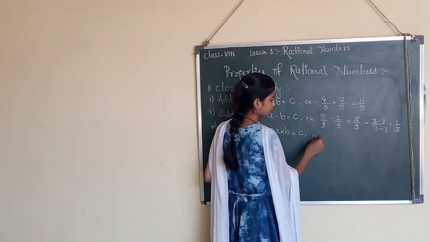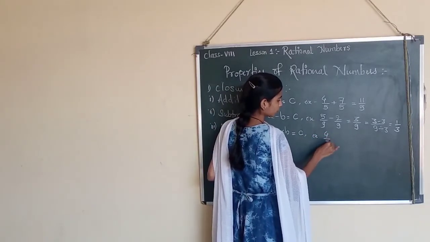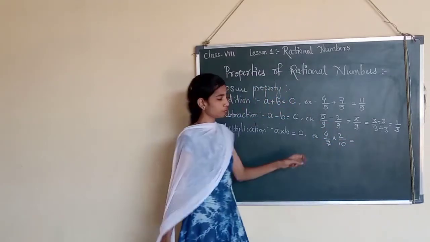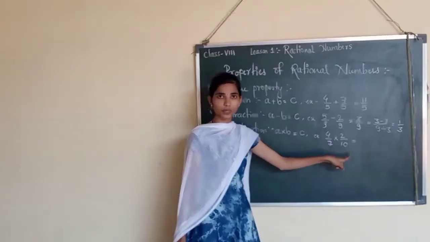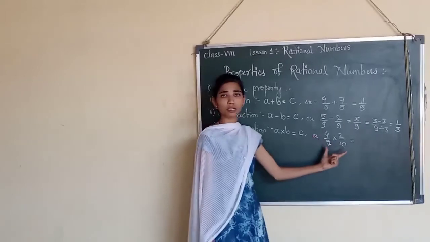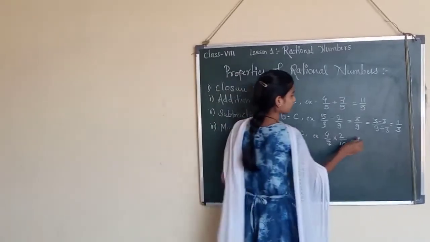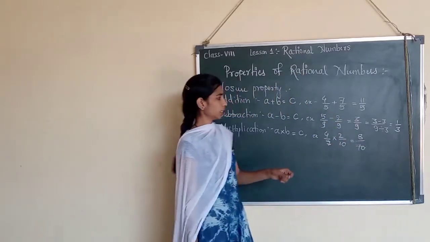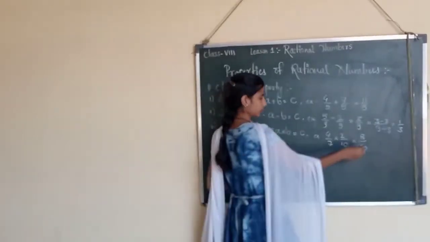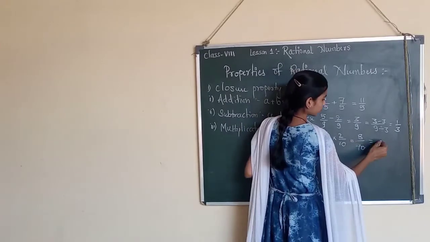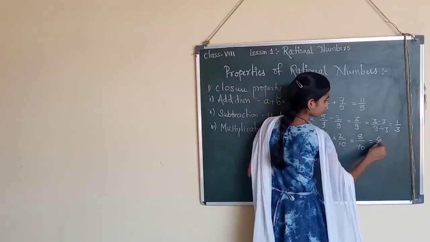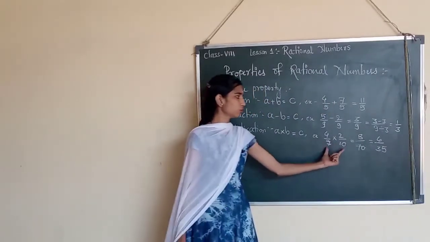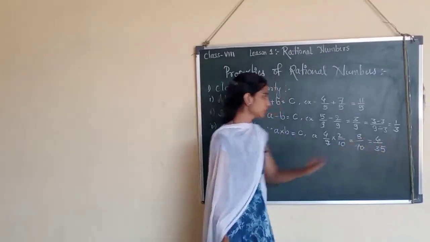Example, 4 by 7 into 2 by 10. 4 by 7 is a rational number and 2 by 10 is a rational number. If we take the multiplication of these two, we will get 4 into 2 is 8, 7 into 10 is 70. And if you find the simplest form, then 8 means 2 fours and 70 means 2 thirty-fives. Multiplication of any two rational numbers will be a rational number.